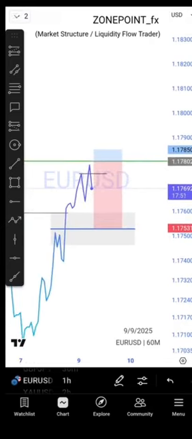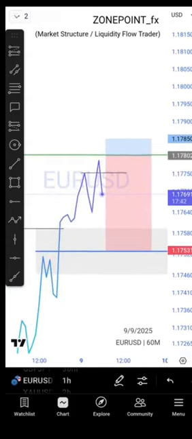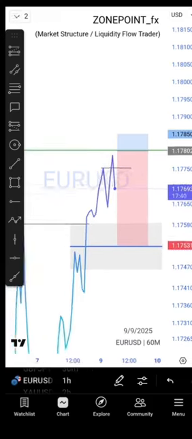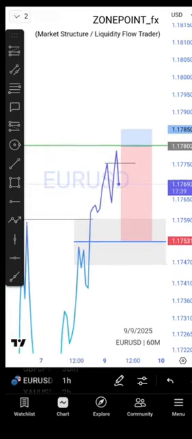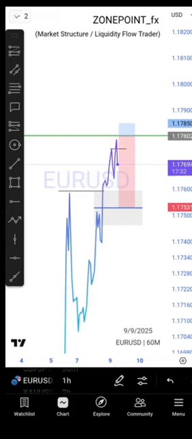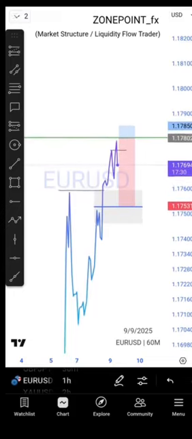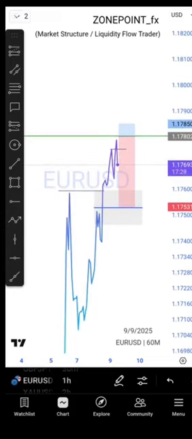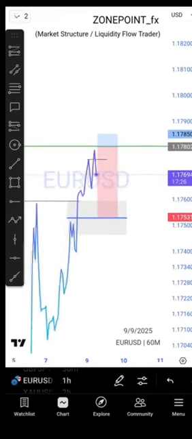Now we are looking for sell. All our setup is sell. We won't be buying. We said the first pullback after price breaks a structure is a liquidity. The first pullback after price breaks a structure is a liquidity.